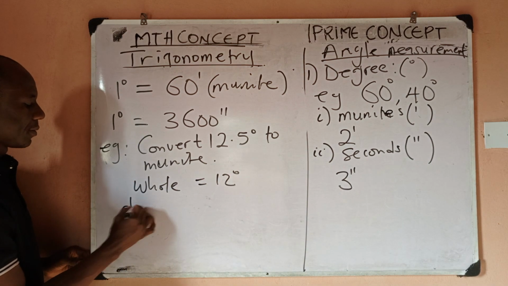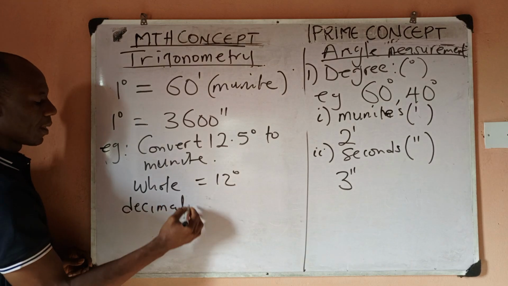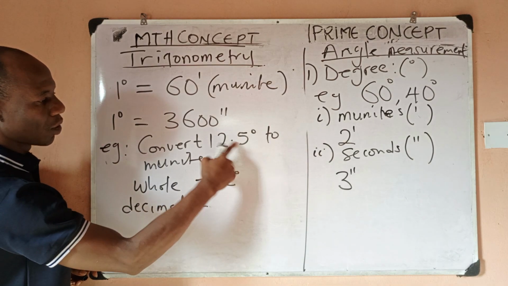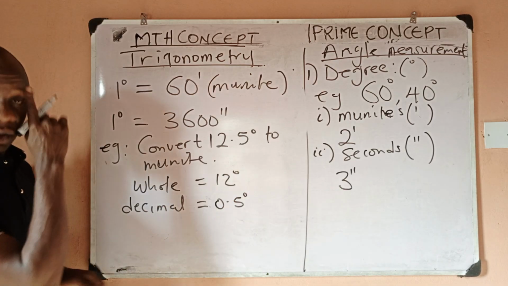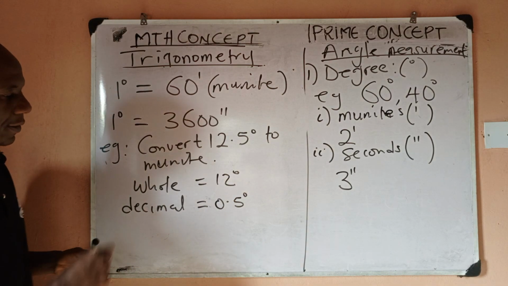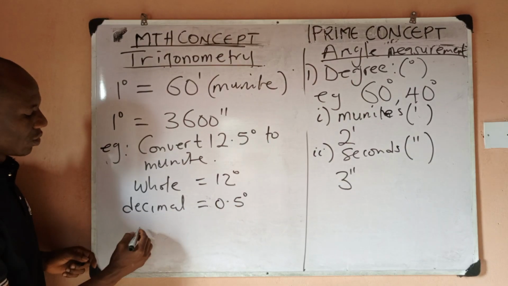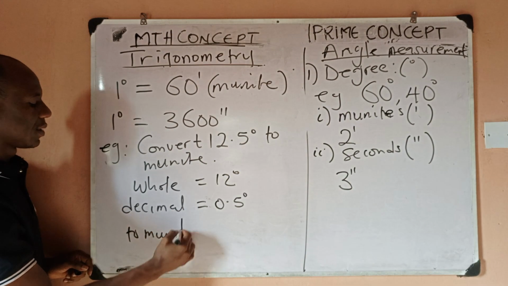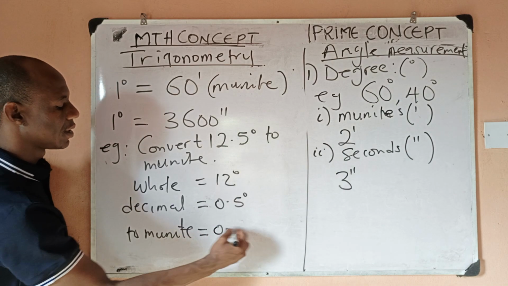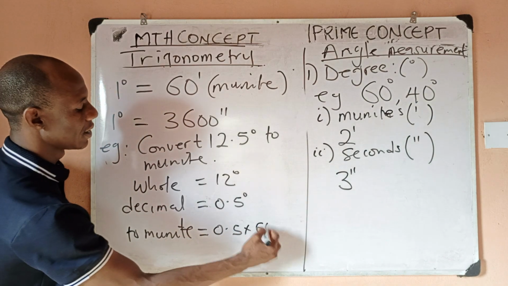The decimal part is 0.5, which simply means 0.5 degree. So to convert the decimal part to minutes, I will just say 0.5 times 60.